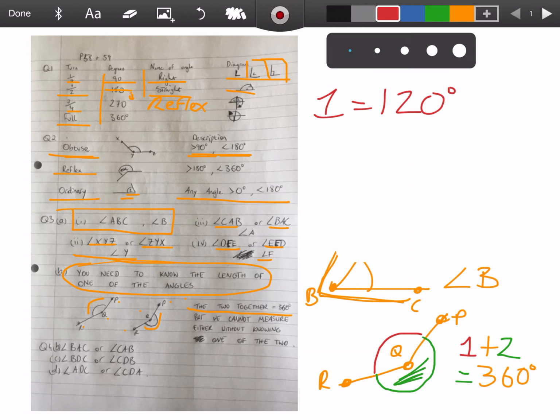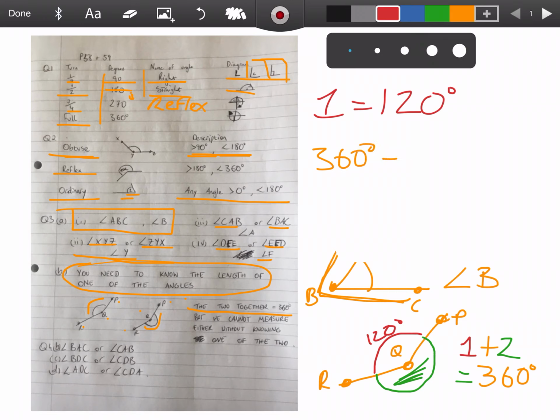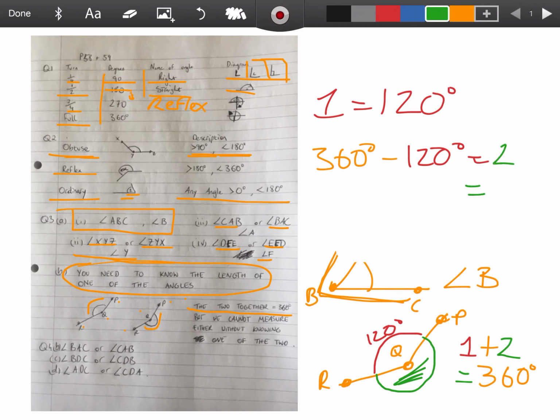I could do 360, which is the full circle, minus the 120 of angle 1, and that would tell me what angle 2 is, which in this case would be 240 degrees.